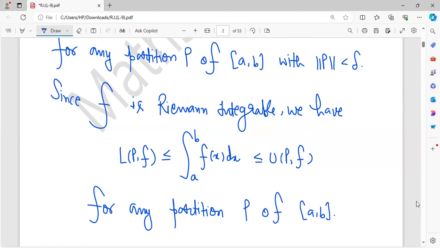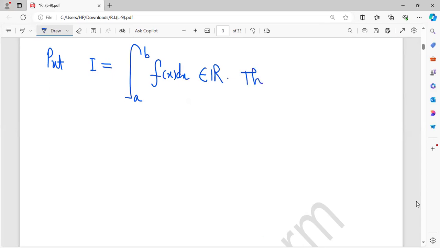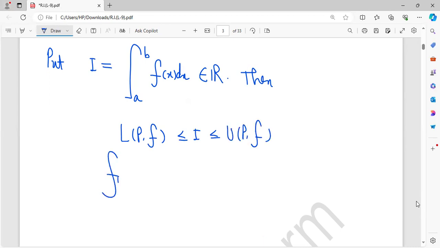Now put I equal to the integral from a to b of f(x) dx, which belongs to R. Then L(P,f) is less than U(P,f) for any partition P of [a,b].